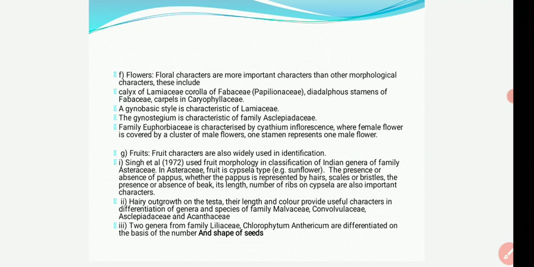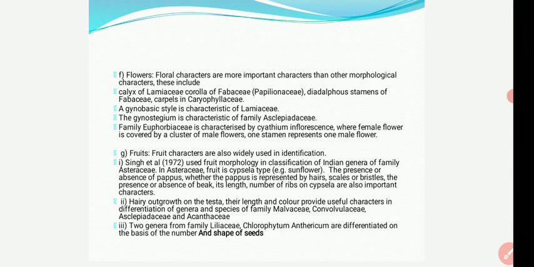Next character, that is fruit. Fruit characters are also widely used in identification. Singh et al. used fruit morphology in classification of Indian genera of family Asteraceae. In Asteraceae, the fruit is cypsela type, for example what we see in sunflower.